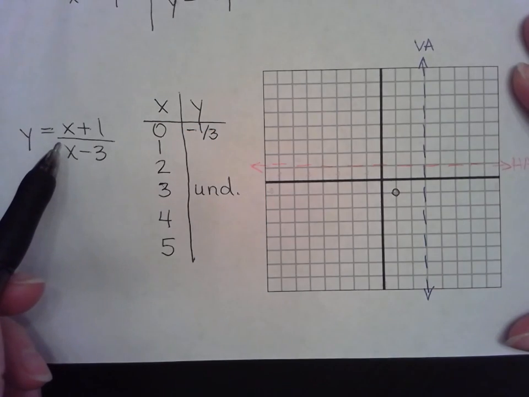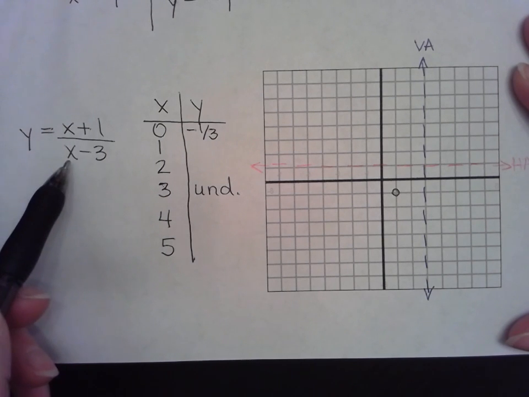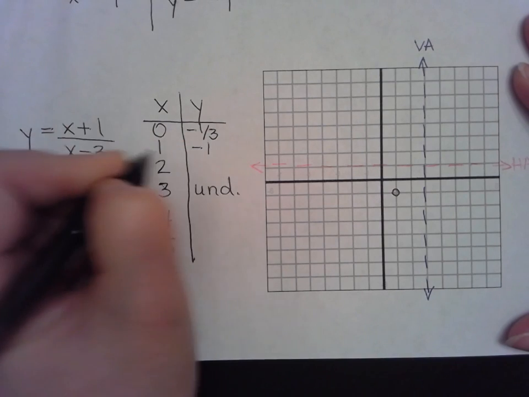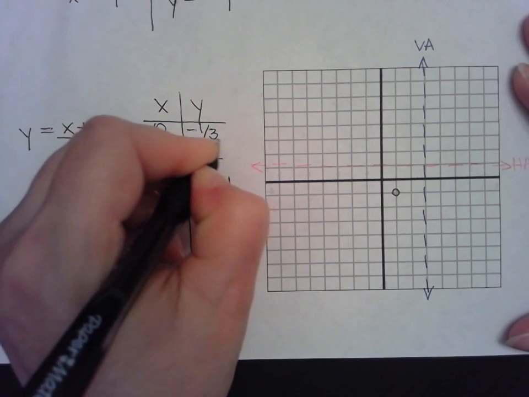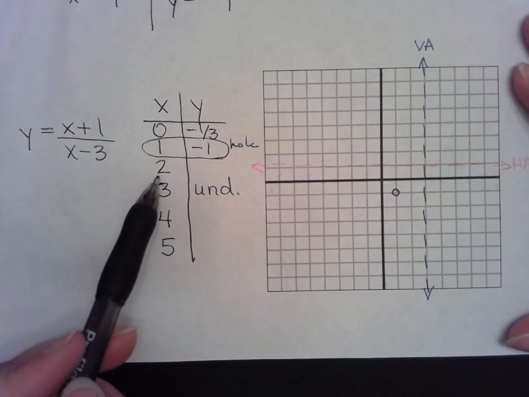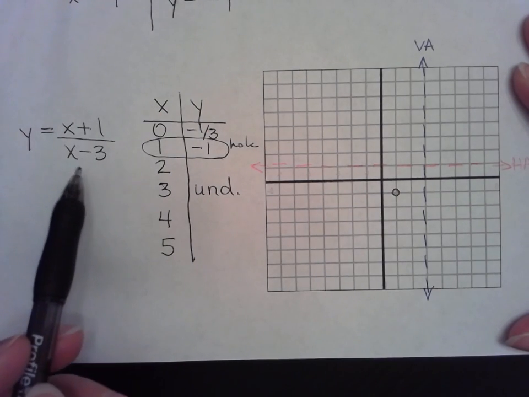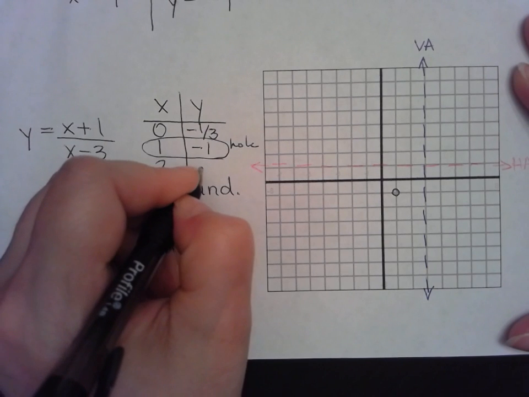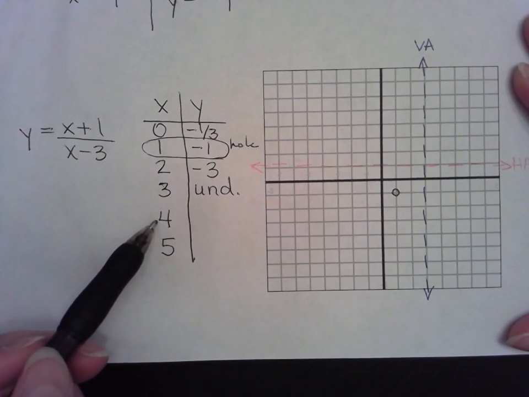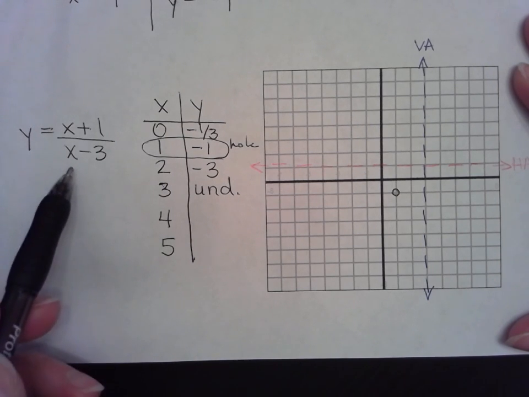If I plug in 1, 2 over negative 2. That sounds familiar. Oh, right, that's my hole. So you might want to circle that just so you don't forget that that's the hole. Okay, if I plug in 2, I'm going to have 3 over negative 1. So that's negative 3. Then on the right-hand side, if I plug in 4, I'm going to have 5 over 1.